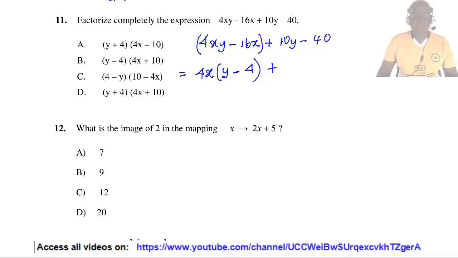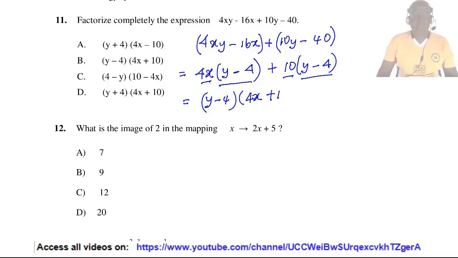Then 10 is a common factor to the last two terms, so 10(y - 4). Now y minus 4 is a common factor for the two expressions, so we shall take out y minus 4, then 4s plus 10. So the answer is B.